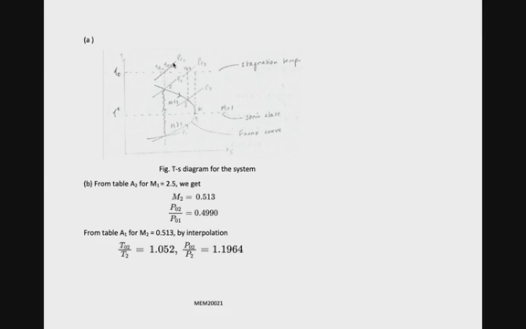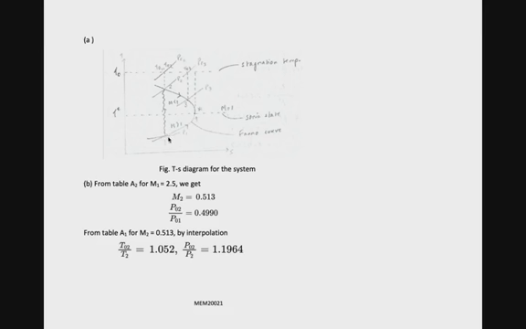This curve is for the pressure at point 2. These are the isobars P2, P3 and P1. The Fanno curve at point 1 is steeper.